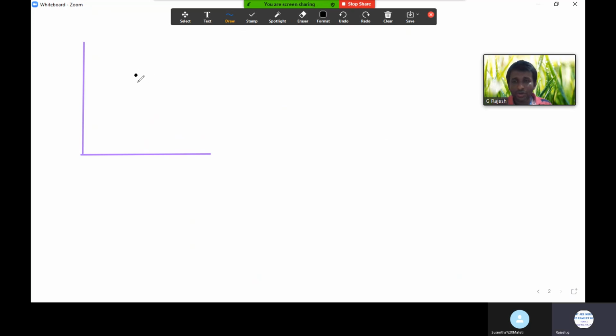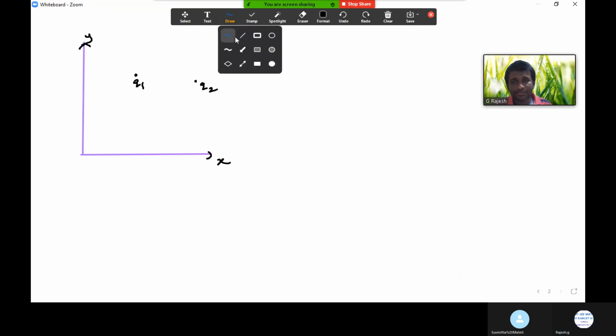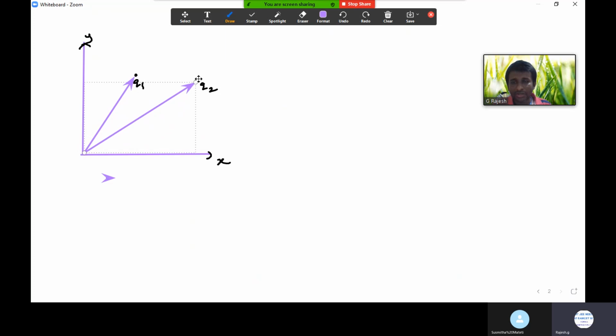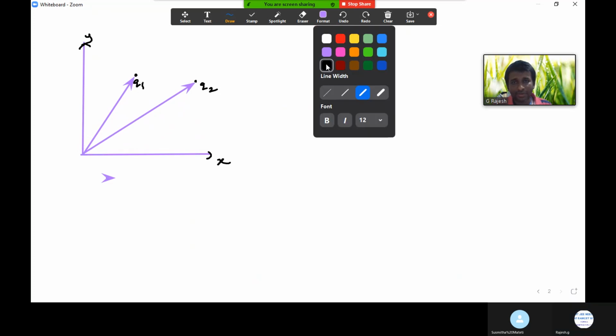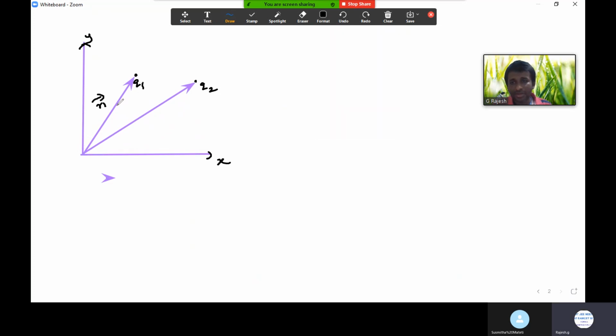I am keeping a charge q1 at position vector r1 bar and a charge q2 at position vector r2 bar. We have to define these with respect to the origin. So this is r1 bar and this is r2 bar.